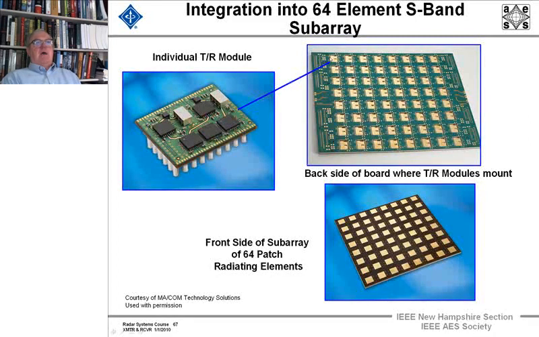And this is an 8 by 8 element S-band subarray. And here's the front side of the subarray with 64 patch radiating elements. So you can see the kind of incredibly neat integration that can be done.